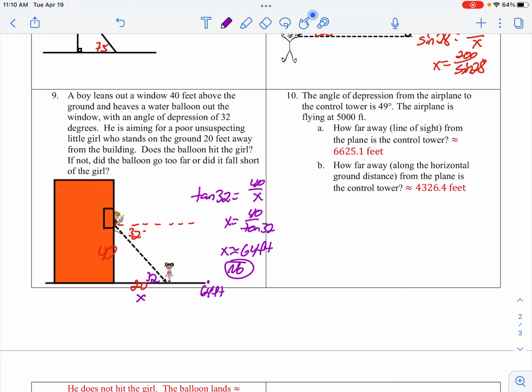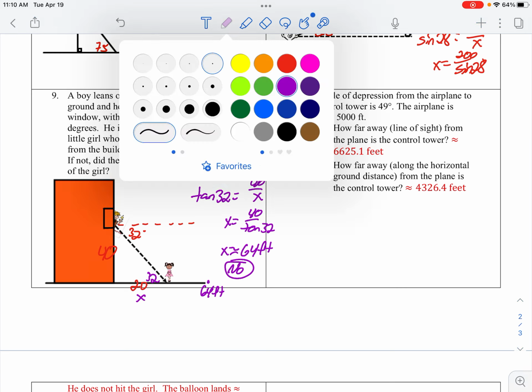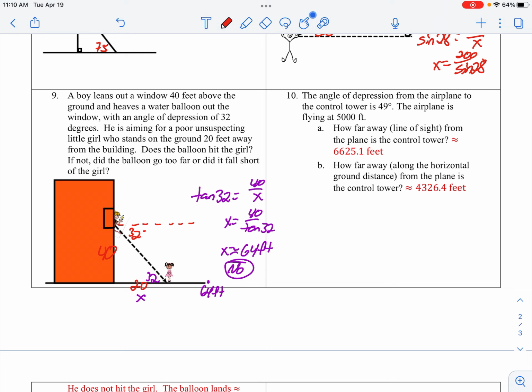Number 10, the angle of depression from the airplane to the control tower is 49 degrees. So we get ourselves an airplane. Okay. The angle of depression from the airplane, and then we're going to put our control tower right here. Okay.